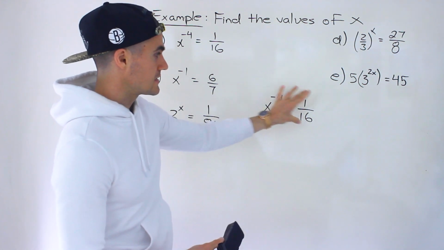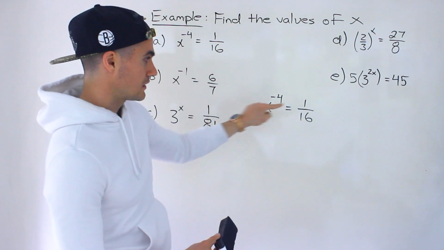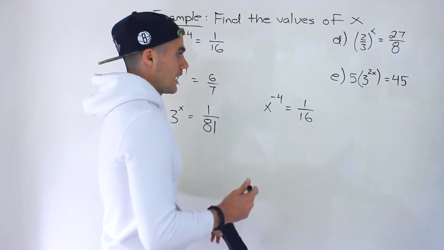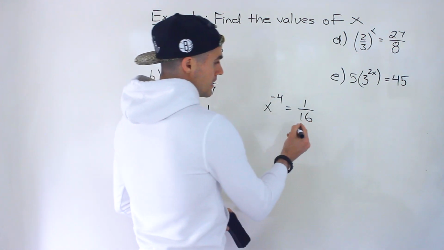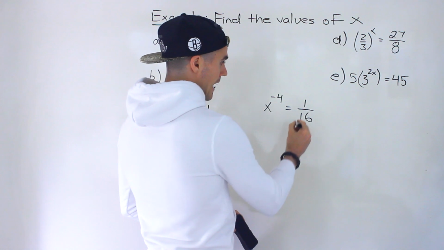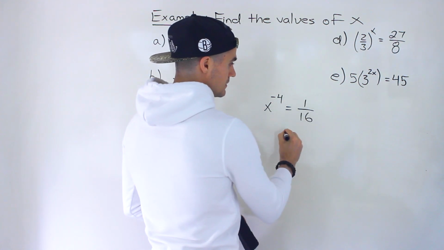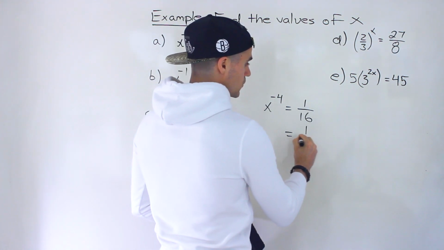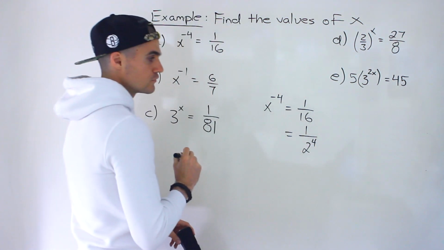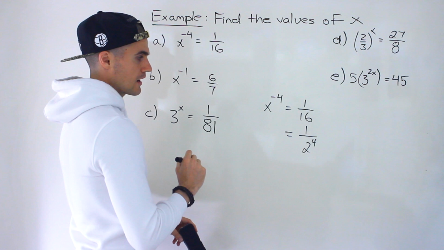And then if we can get the same format, then we could clearly see what the x value is going to be. And so the way you can do that here is notice that the 16 we can rewrite as 1 over 2 to the power of 4, like that.